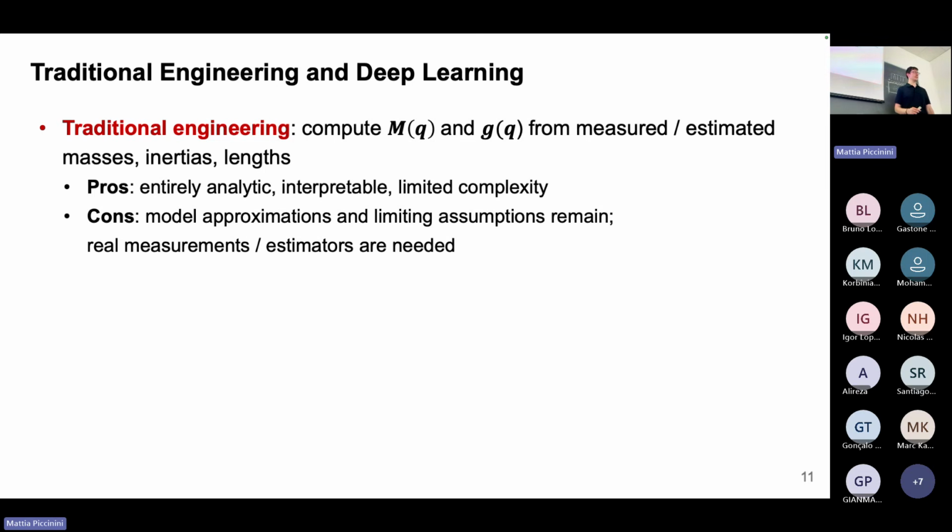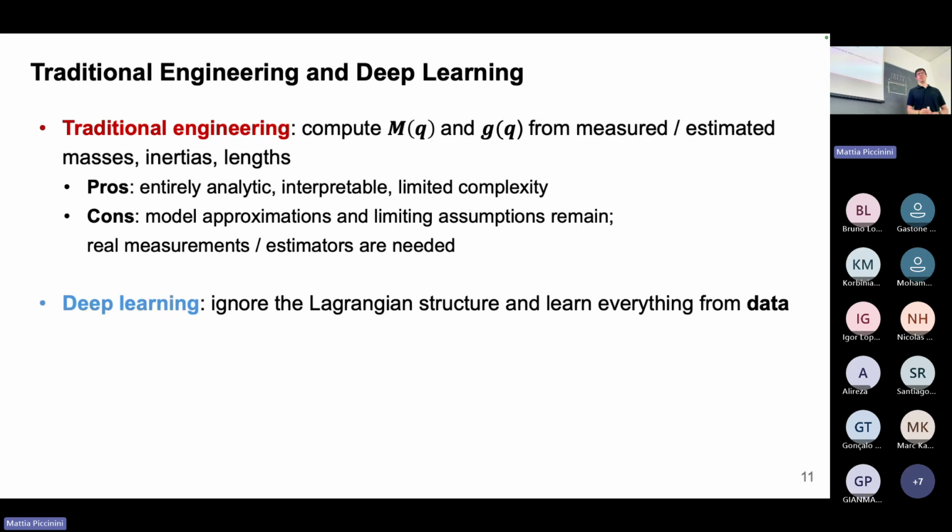This is analytic, interpretable, of limited complexity, but you need to measure things, and often estimate them. Moments of inertia are a mess to measure. With complex systems like vehicles and robots, estimating inertias is a well-known mess.